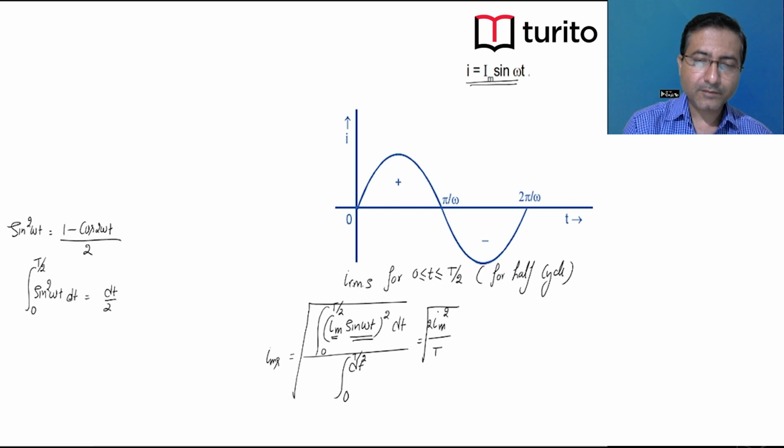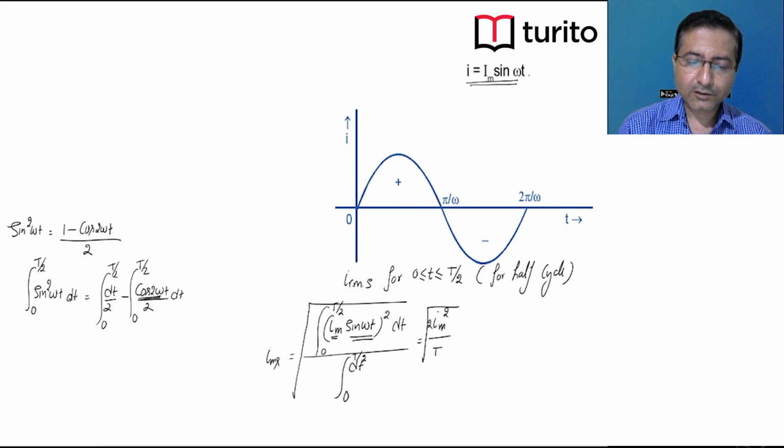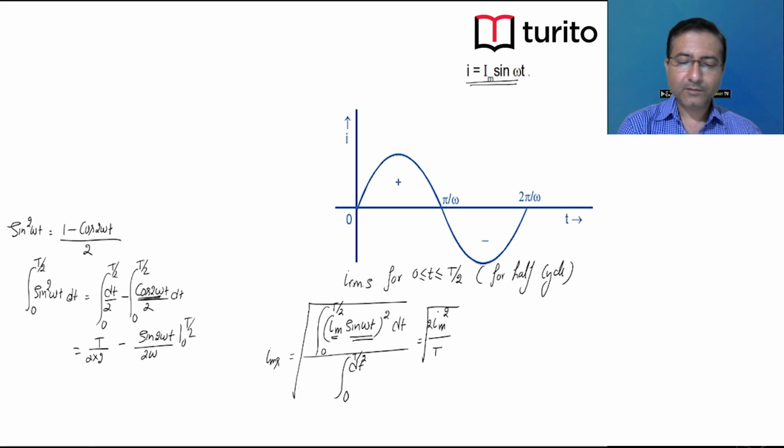Dt I multiply inside, and then cos 2 omega t by 2 dt, from 0 to T by 2 and 0 to T by 2. The integration of cos will give you sine 2 omega t divided by 2 omega, from 0 to T by 2. If I integrate this term here, I am getting T by 2, and then one more 2 is there. So this is the function we are getting.